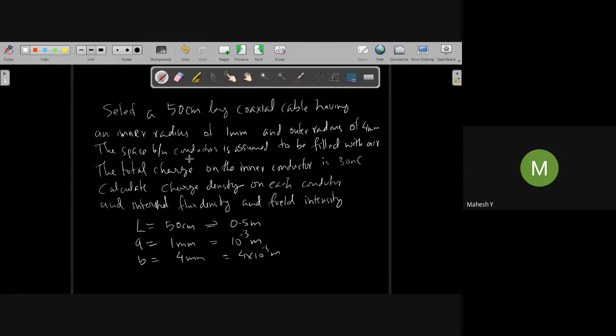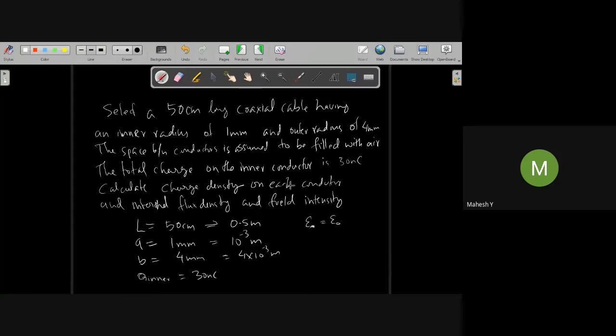The space between conductors is assumed to be filled with air. So epsilon is epsilon 0, that is 1 by 36 pi into 10 raised to minus 9. And the total charge on the inner conductor, Q inner, is equal to 30 nanocoulomb. Okay, that is also given.